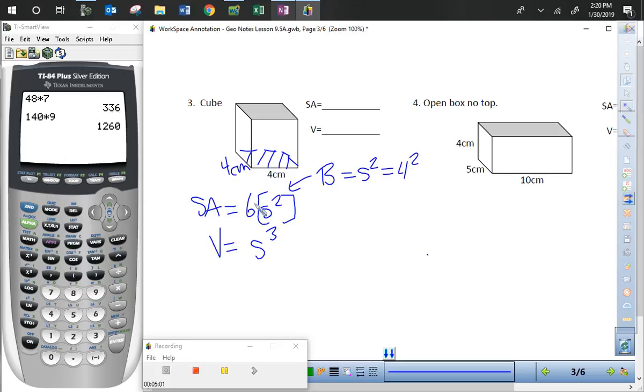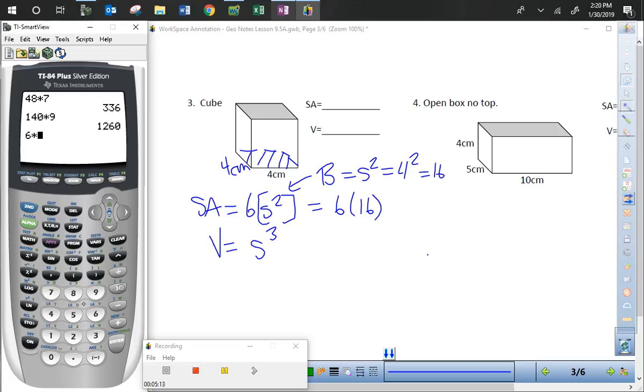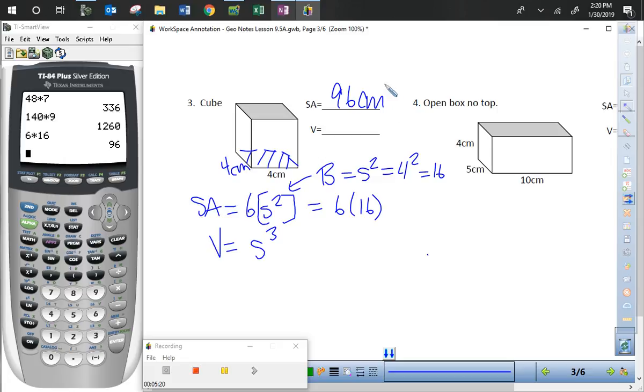Then with the surface area, we want to add up all the different sides, and there's 6 sides on a cube that are all exactly the same. So that looks like 6 times 4 squared is 16. So 6 times 16 gives you 96. Surface area is squared because it's area.